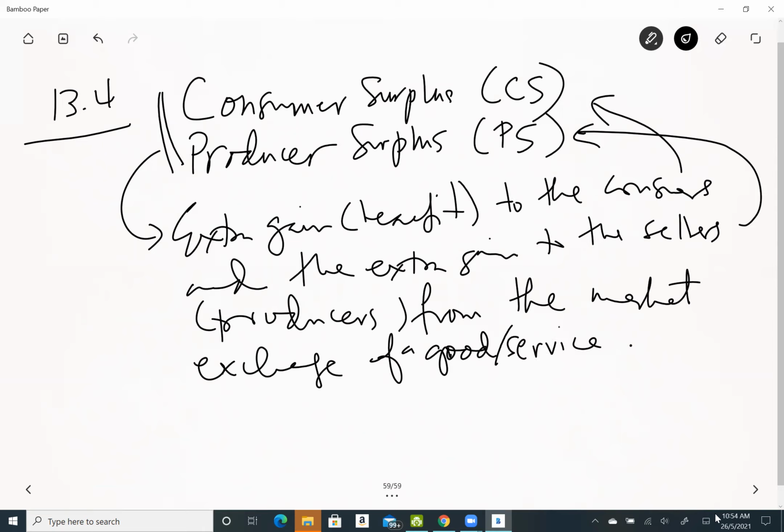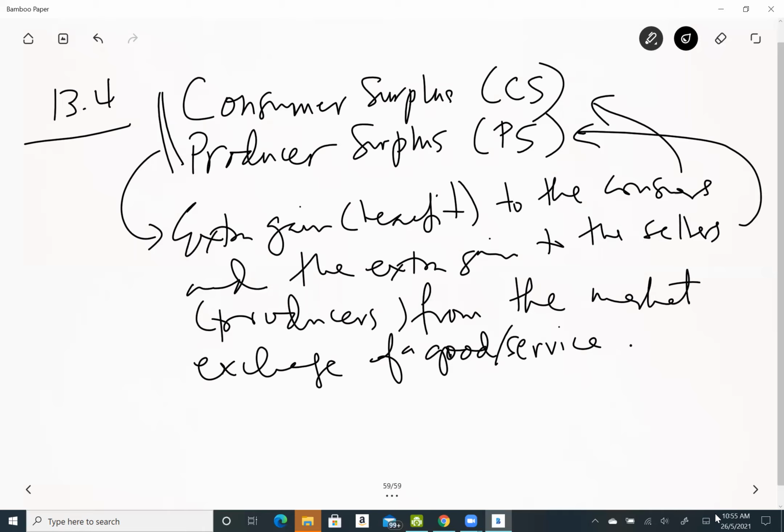Now you look at the market, let's say a market of a good, and then we do the exchange. The consumers buy, the sellers or the producers sell. The consumers will buy a certain amount, and the firms, the producers, will sell that certain amount at a particular price. So from that exchange, both parties will gain extra benefit, right?